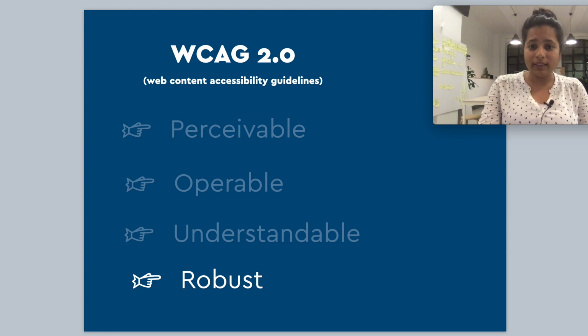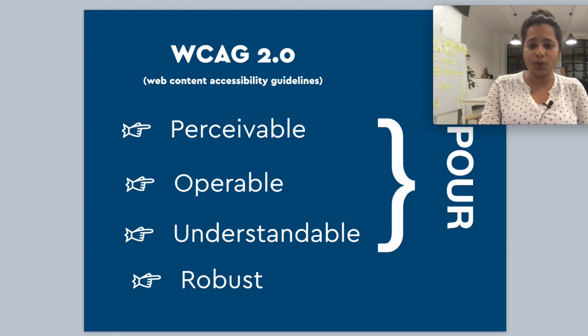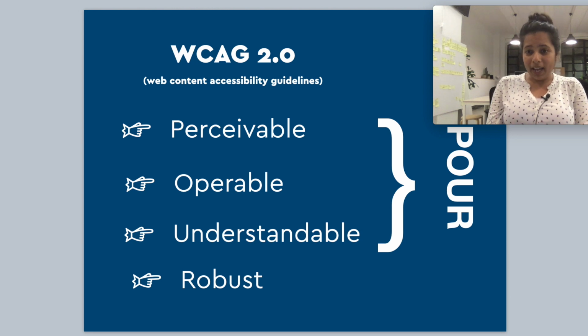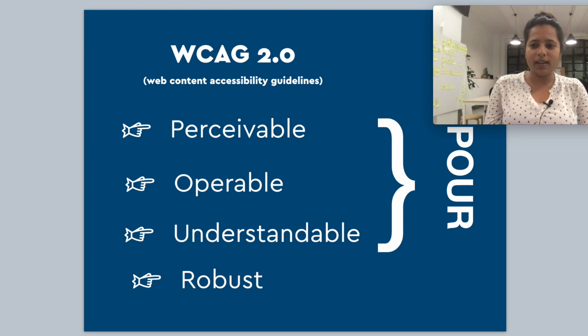All these four principles together form POUR. To summarize these four principles in a short way, just make sure your application is perceivable, operable, understandable, and also robust enough so that it can be processed.